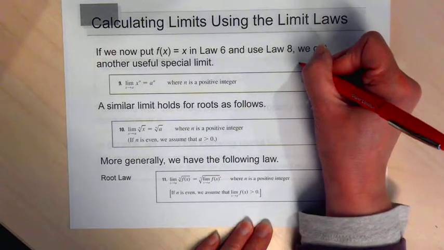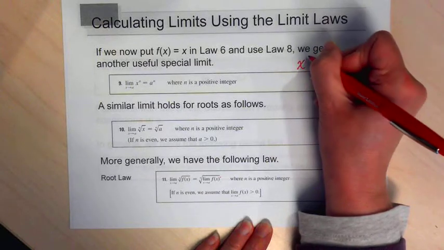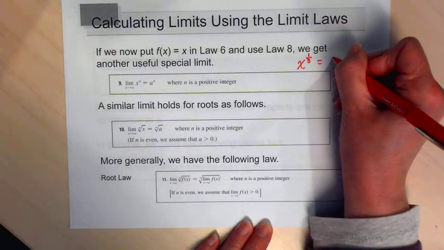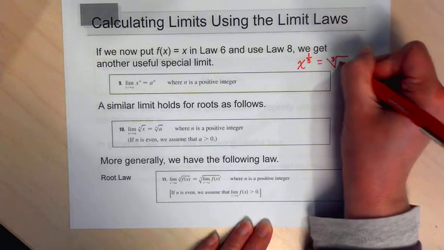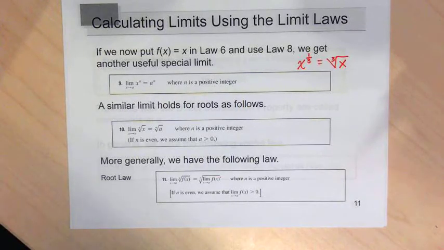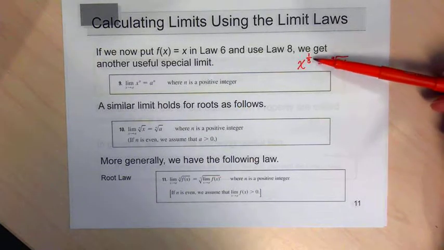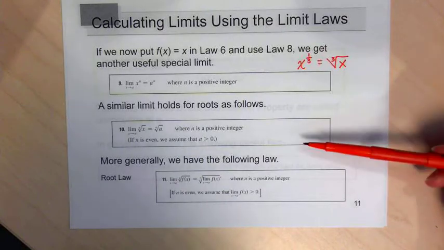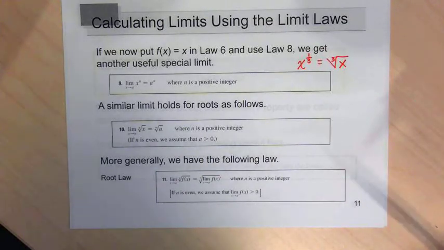So if we have x to the 1/3, remember that that's the same as the cube root of x. So a rational exponent, an exponent like 1/3, is a third root of x. So 9 and 10 go hand in hand, and then also with 11.